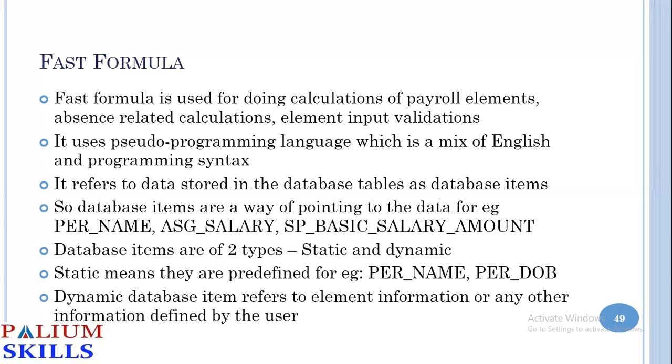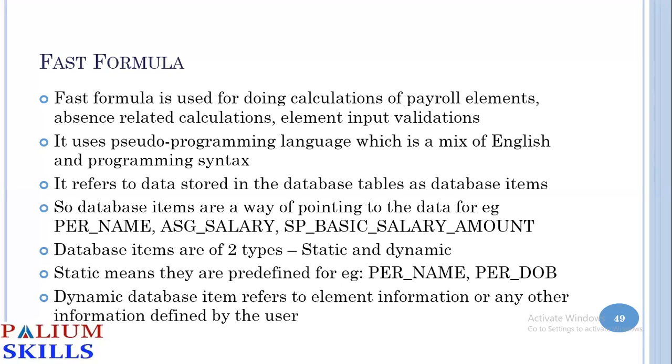For example, when you define an element name, the system does not have a way of knowing beforehand what the element name is going to be. It can be anything. Because of that, this is called a dynamic one.